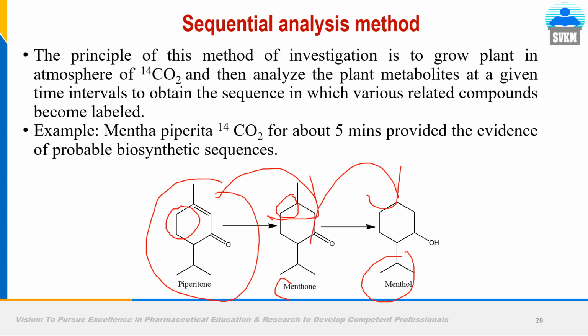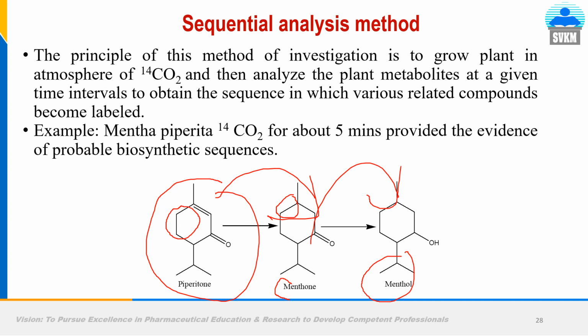When you grow a plant in an atmosphere of 14CO2, in which C has been replaced by the radioactive isotope of carbon, all the molecules which require carbon will show radioactivity, because they have taken the C from this 14CO2. So the best way is to grow the plant in an atmosphere of 14CO2 and then analyze the plant metabolites.